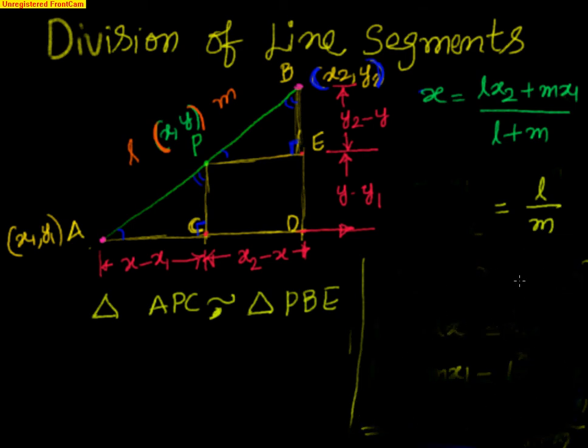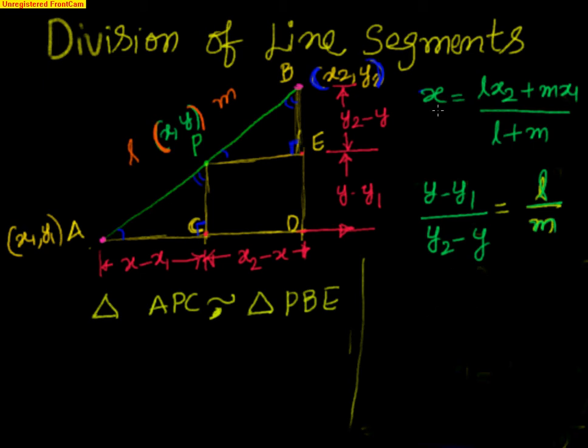What are the vertical distances? For this triangle, the vertical distance is this, that's nothing but y minus y1. What is the vertical distance here? y2 minus y.